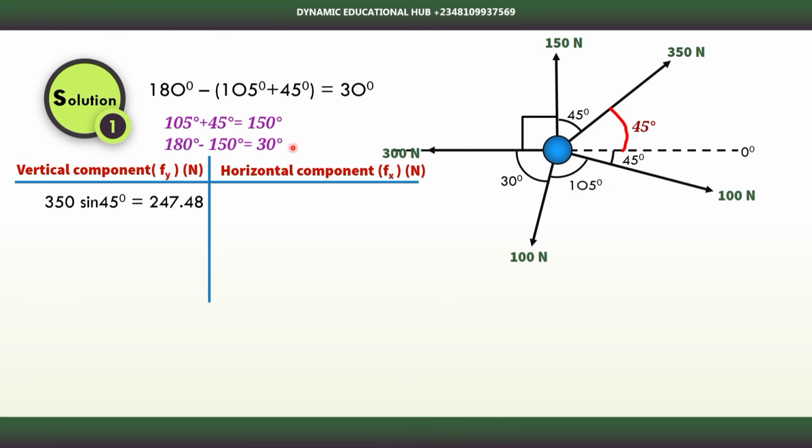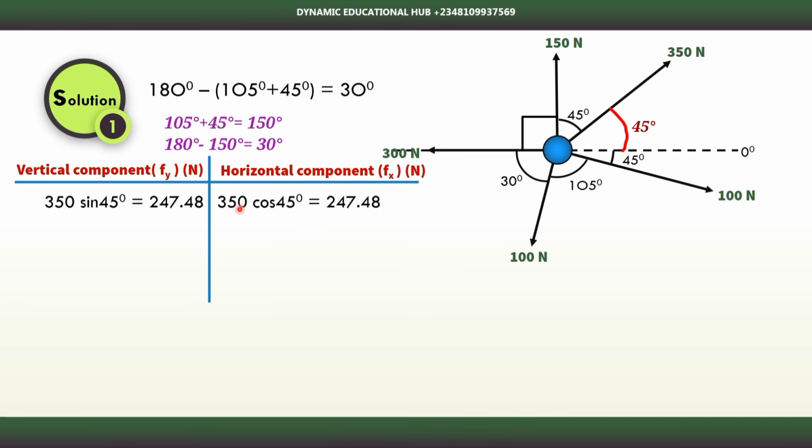Now let's resolve the same force into horizontal components. Observe this 350 Newton as well. It will pull this object along this side, which is the right hand side. It will also pull this object upward, that is why it's positive for vertical. Pulling it along the right hand side, it will also be positive for horizontal. So we also have 350 cos 45 degrees.